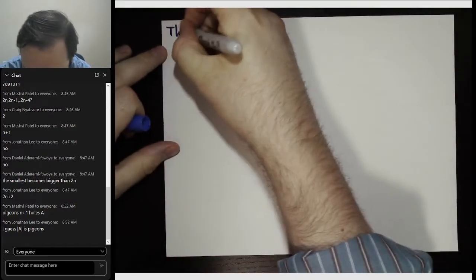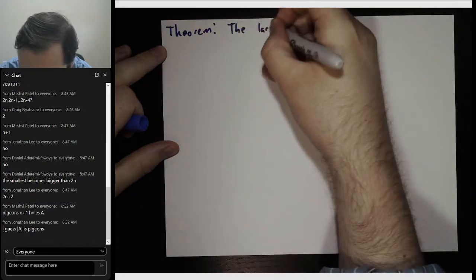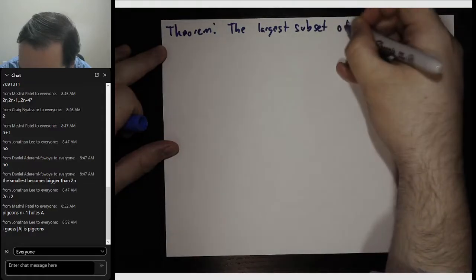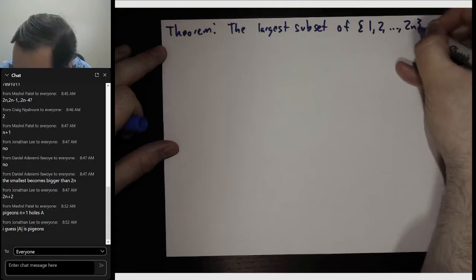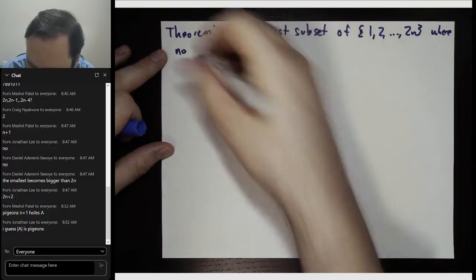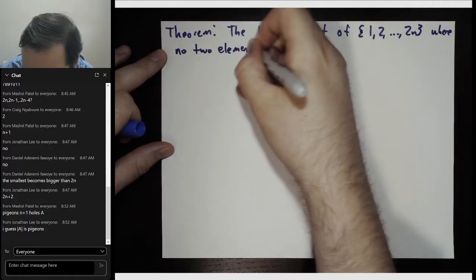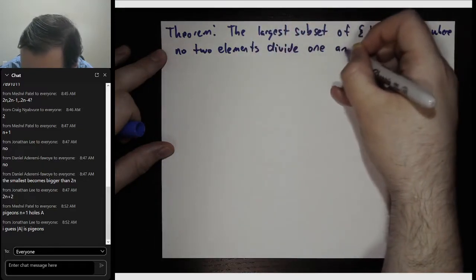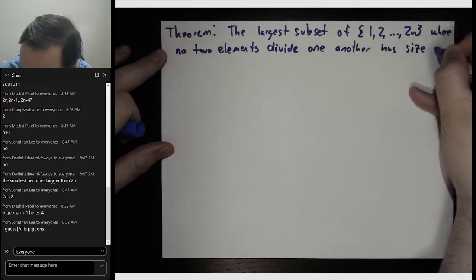Theorem. The largest subset of 1, 2, all the way up to 2n, where no two elements divide one another, has size n.